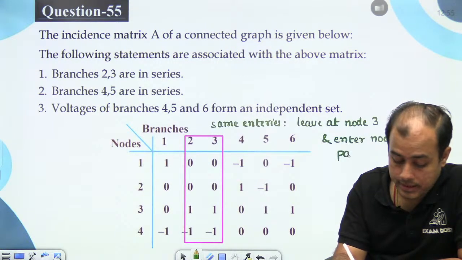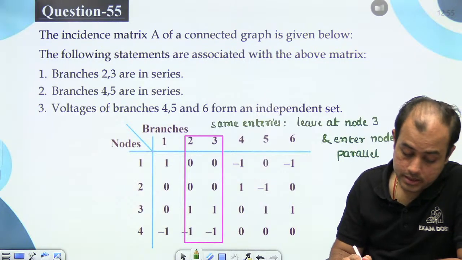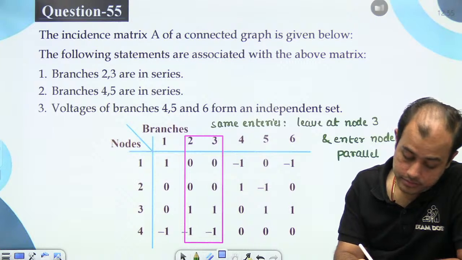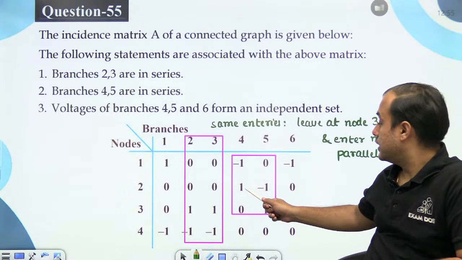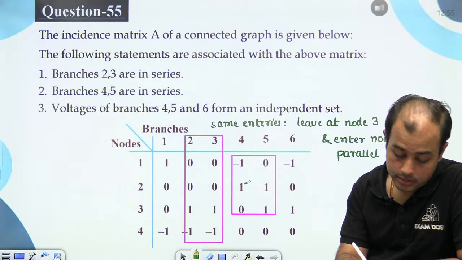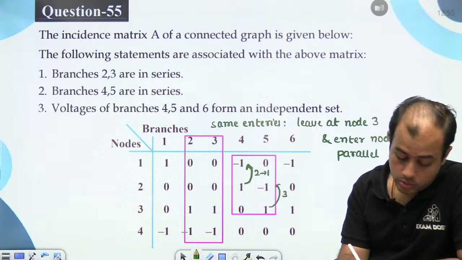So this is parallel. This is parallel. Branches 4 and 5 are in series. अब ये देखो, ये 5, ये 2 से निकल के 1 में, 2 to 1, this is 3 to 2.